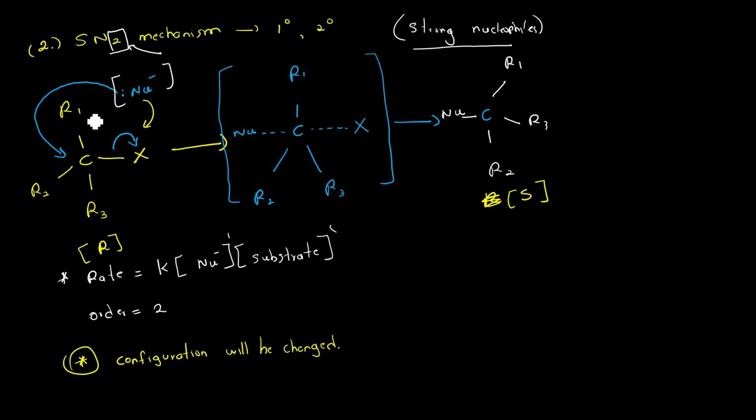Why? It cannot reach the carbon center through these other components. This will reject it. These have electron clouds also. So if your nucleophile is much bigger, then these electron clouds will repel your nucleophile, right? You need to understand that. So you need a strong nucleophile but less bulky.